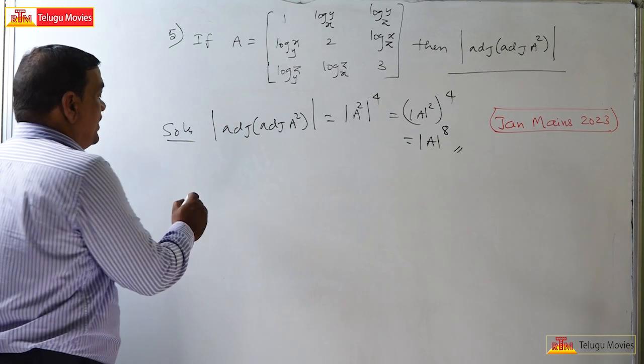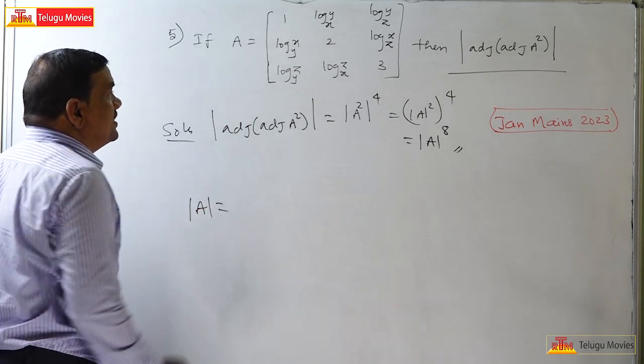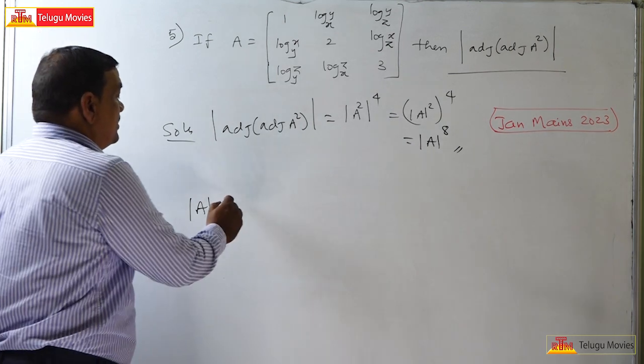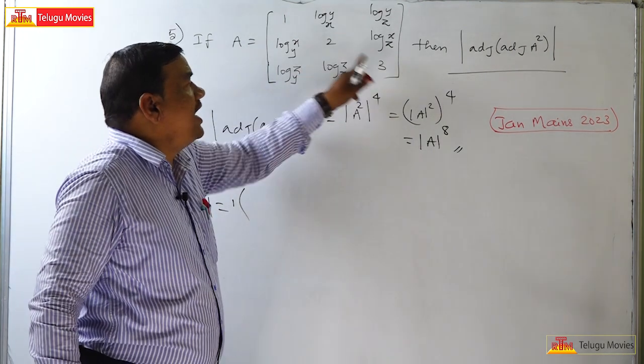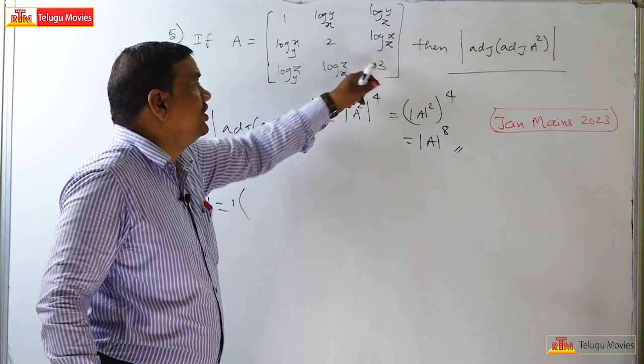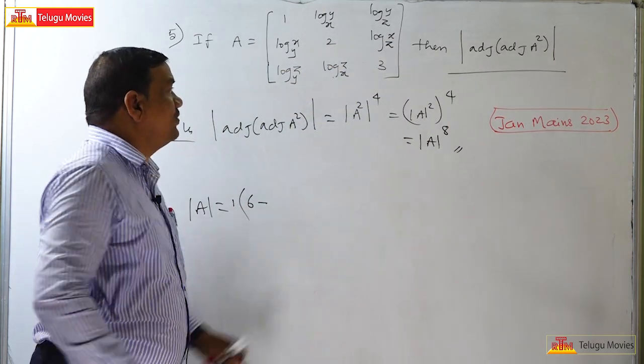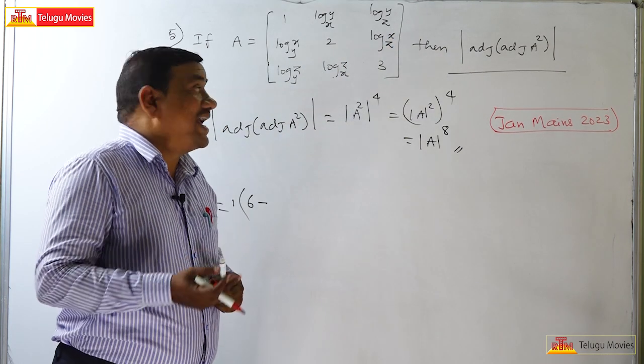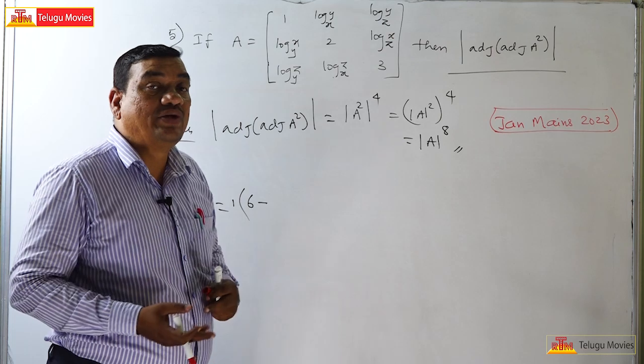Then how to find it here? See here, the determinant of A is equal to, very easy, 1 into (AD minus BC). 2 3s are 6 minus, if you multiply here, log z to the base x into log x to the base z. Log x into z into log z into x will become 1.